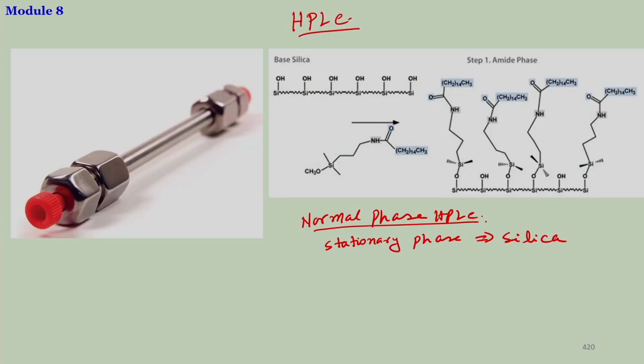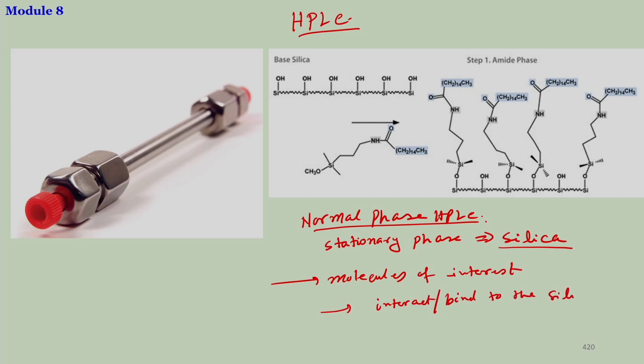So for normal phase HPLC, your stationary phase is silica, and obviously you can see silica is polar in nature, it has hydroxyl groups. So if you send molecules of interest here, it can be biomolecules, it can be other organic molecules as well, then they will go interact or bind to the silica.